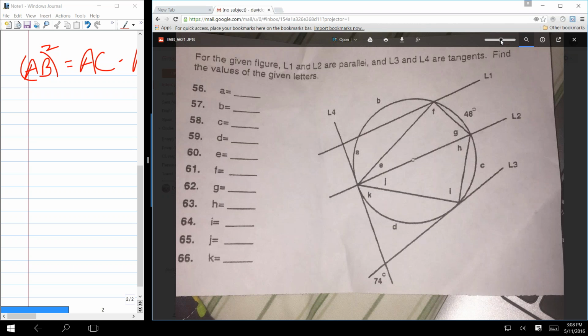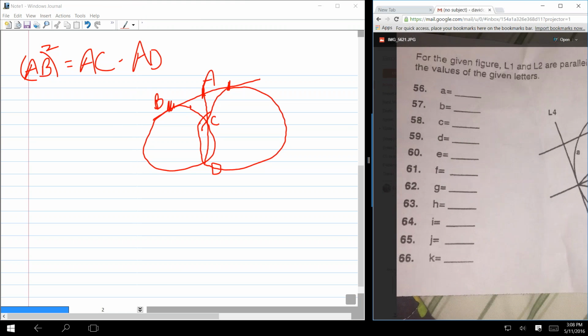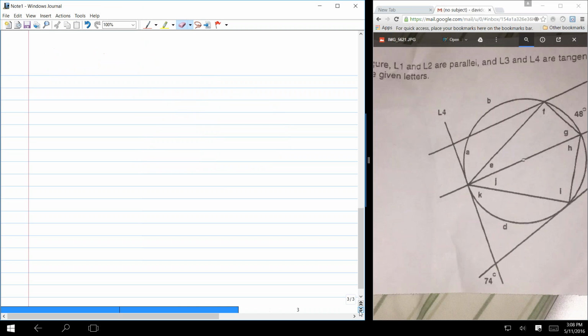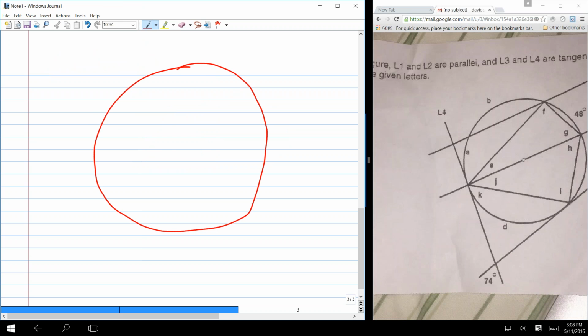Because L1 is parallel with L2, then A has to be 48. Notice that if I tried, I couldn't draw something where they weren't equal. If I have a circle and I put a parallel line through that and a parallel line through that, notice that that arc has to be the same as that arc, no matter how I do my parallel lines.